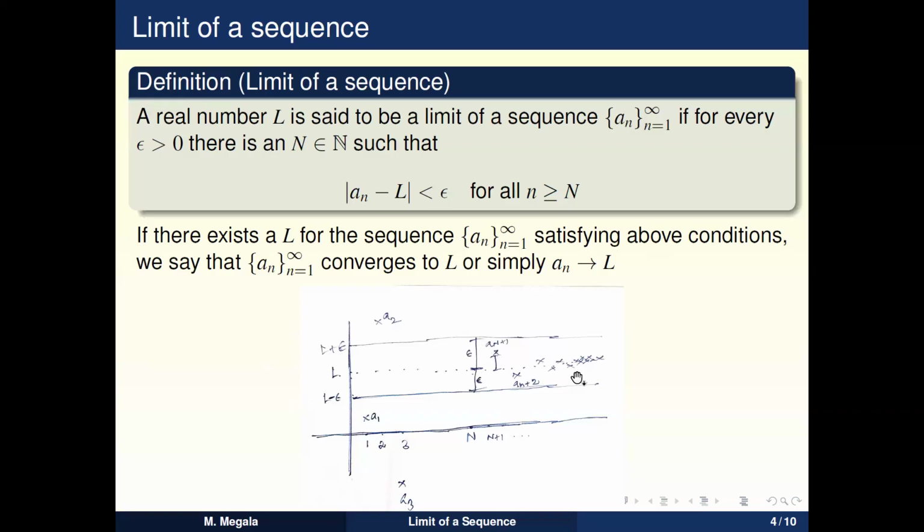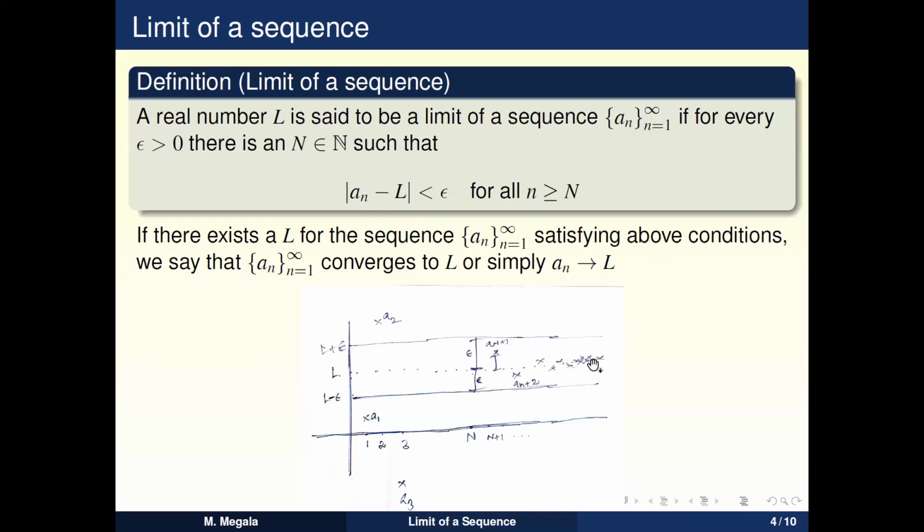Okay. See, it is true for all epsilon. However small epsilon is, we can still find n. So as epsilon goes smaller and smaller, the distances should still be less than epsilon, right? So those entries should be very close to the limit.